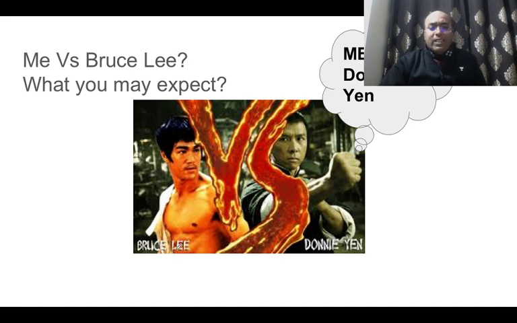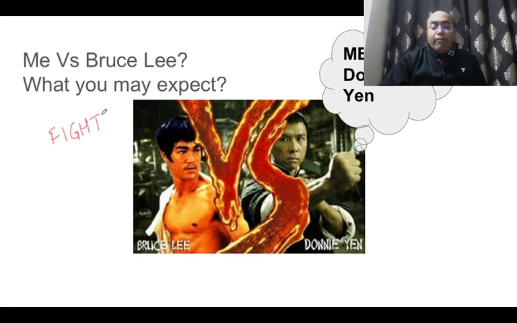Moving further, we have here Me versus Bruce Lee, right? This man here is Donnie Yen. So Me versus Bruce Lee, what you may expect? Of course, it's talking about a fight. So what we will expect would only be a fight.